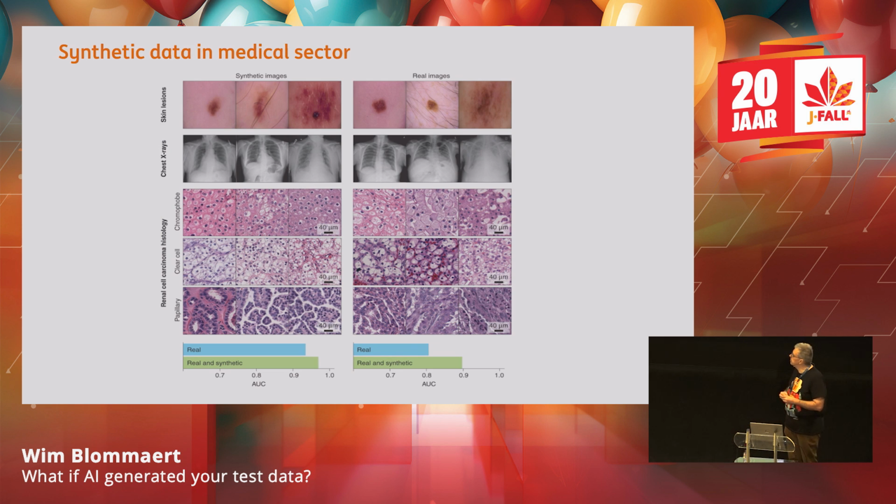In the last years, there have been more serious applications of these solutions with images. For instance, in the medical sector, for quite some years now, they have software that can detect, so you give it an X-ray picture, and it can give the probability of there being a certain pathology, a disease, or a tumor. So they have to train that algorithm with real pictures. Now, luckily, they don't always have that many real pictures.